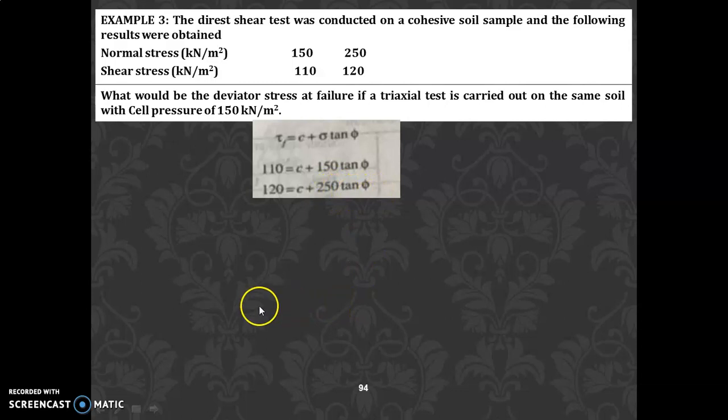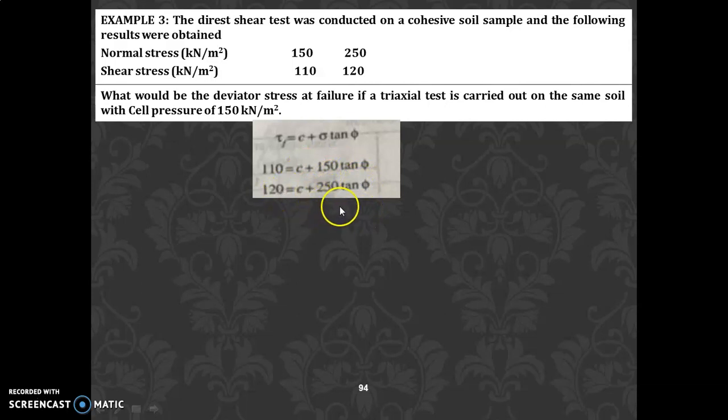All of you know how to solve this equation, right? First you subtract, use the minus sign. So 110 minus 120, you get some value. C minus C gets cancelled. 150 minus 250, you will get some value.